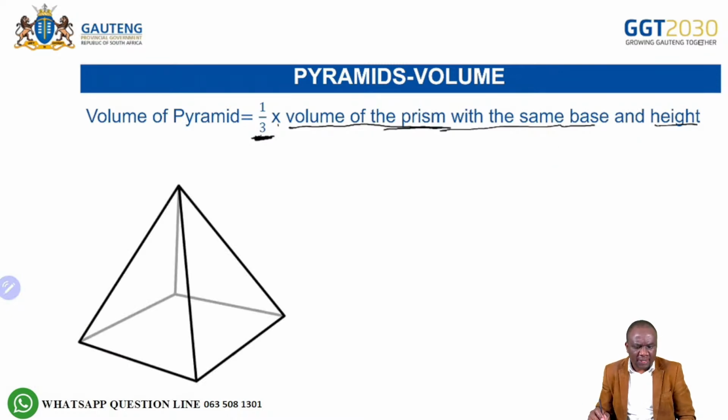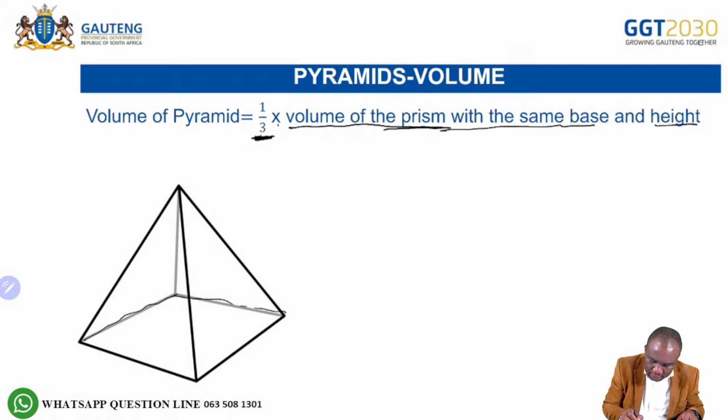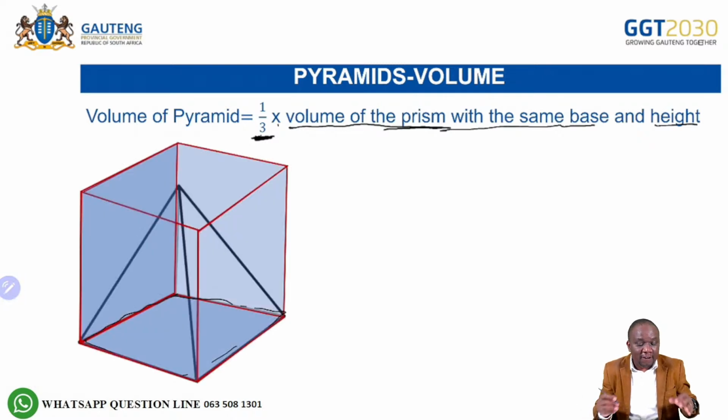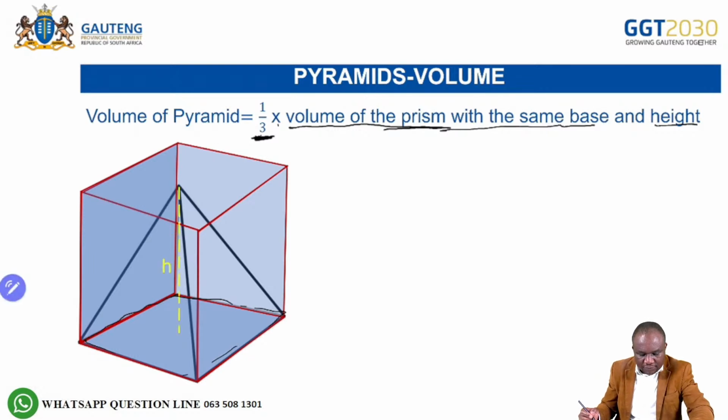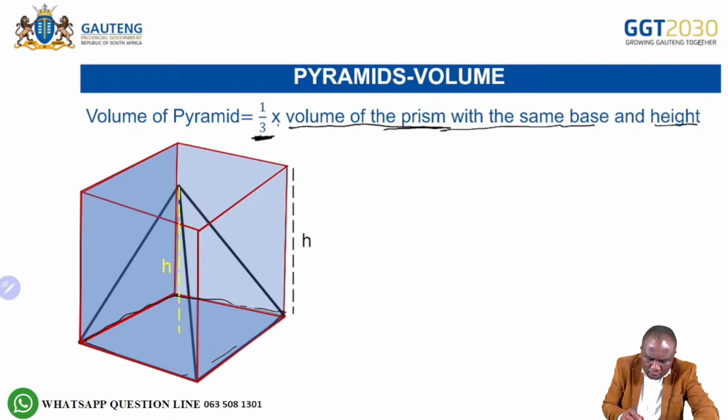Let's say we have our pyramid like this, and then we have a prism which has the same base and height as this pyramid. So we have a prism here. I put the rectangular prism. It has the same height and also the same base. So the volume of this pyramid is inside here. It is 1/3 the volume of this prism that you can see.